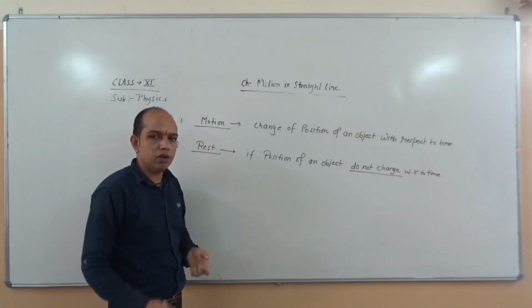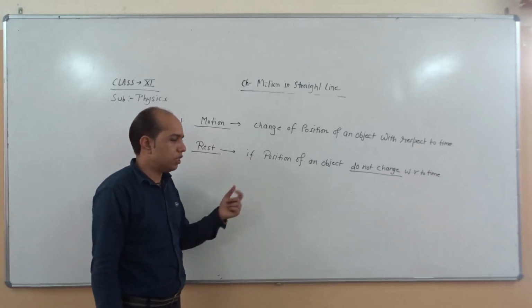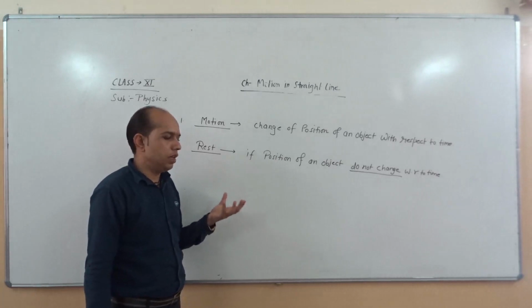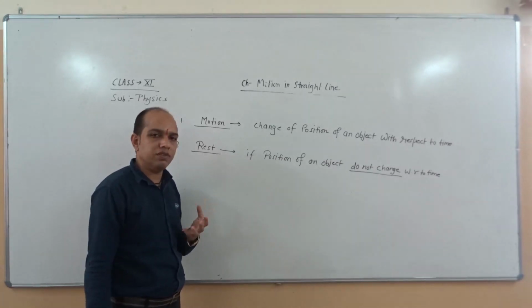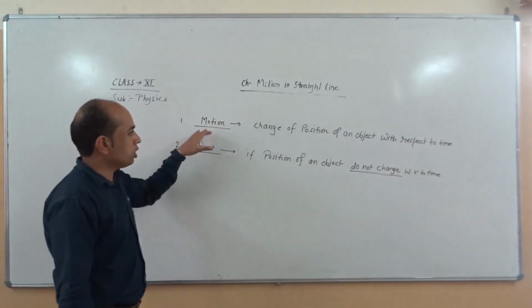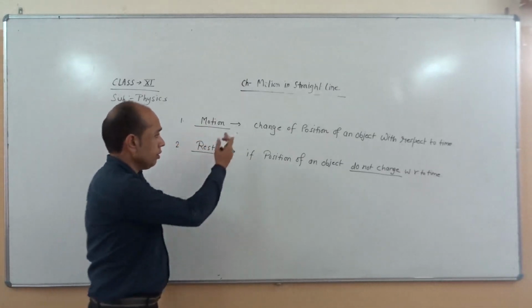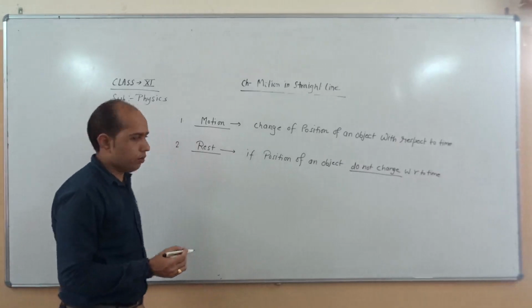In our nature, so many objects that we see are in the situation of rest because their position is not changed with respect to time. So motion and rest, both words are related to each other.